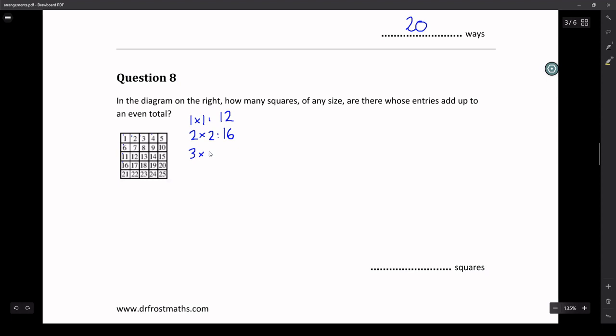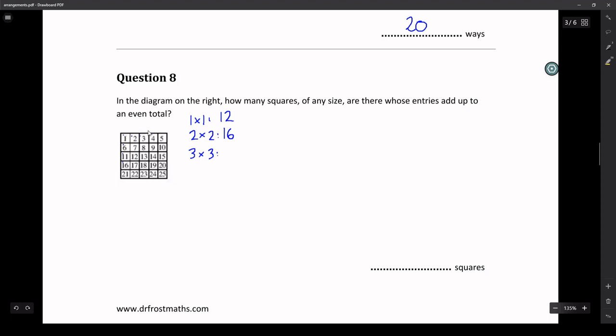Right, now with 3 by 3s it's a bit different, because some of the 3 by 3s will have 4 even and 5 odd, and some of the 3 by 3s will have 5 even and 4 odd. Only the ones with 5 even and 4 odds will have an even total.